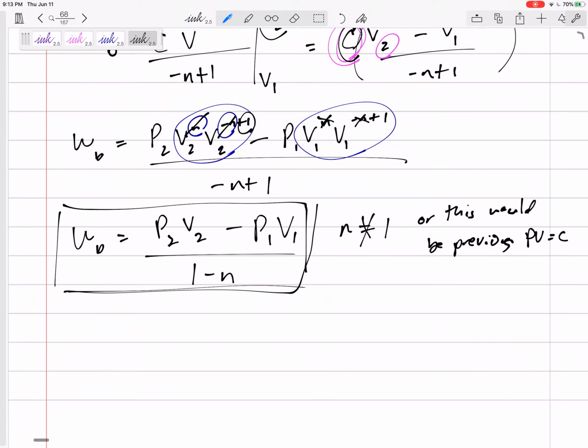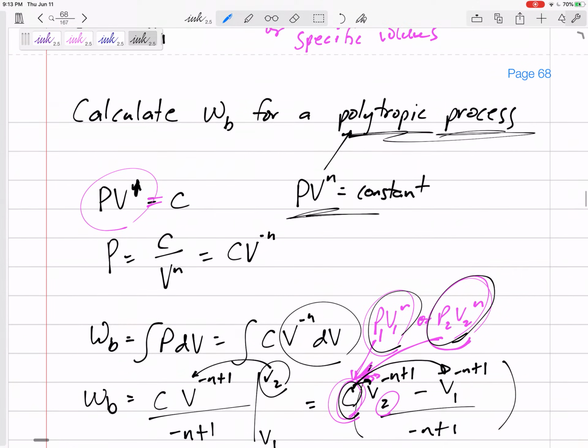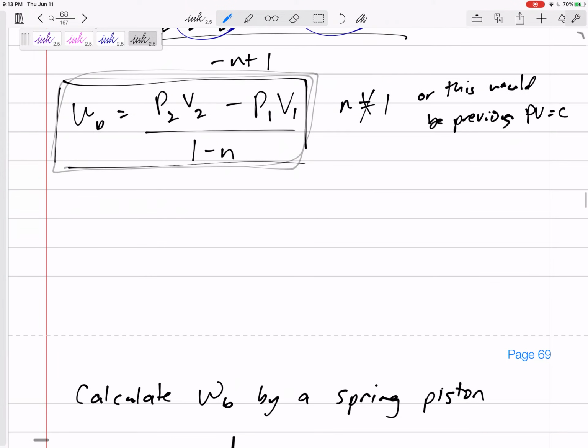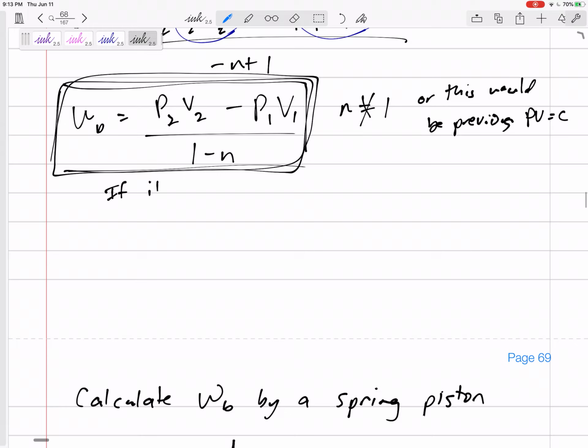Now, this equation does not have to be ideal gas. We did not assume any ideal gases right here. But if it is an ideal gas, then PV of an ideal gas is equal to mRT.